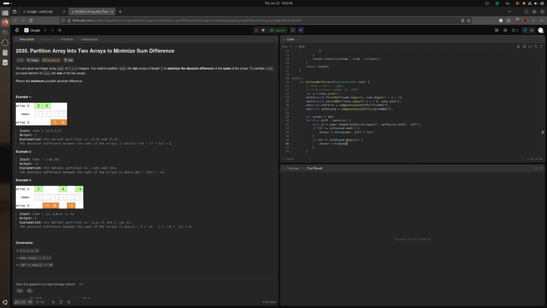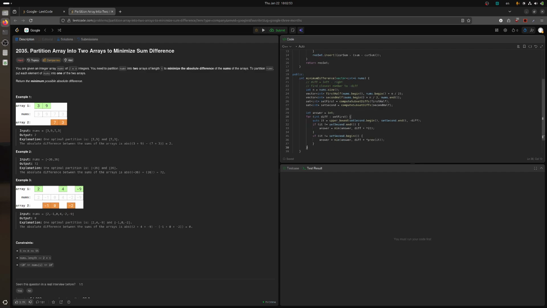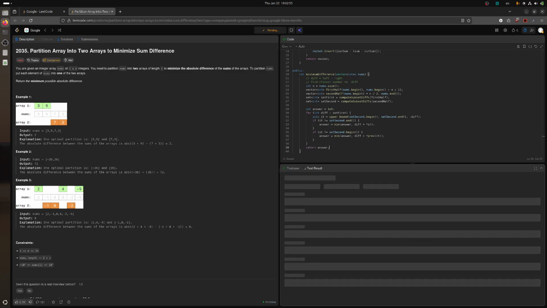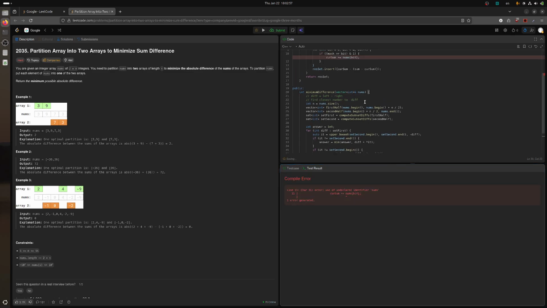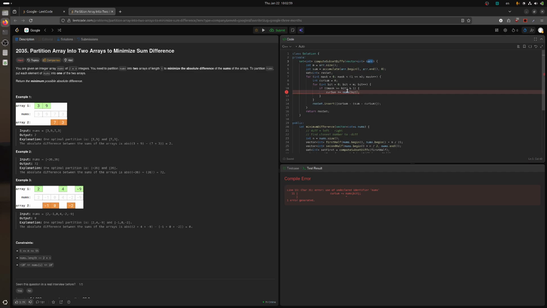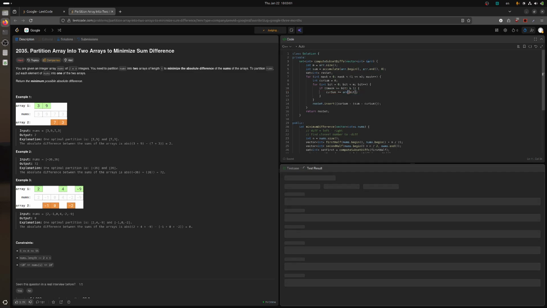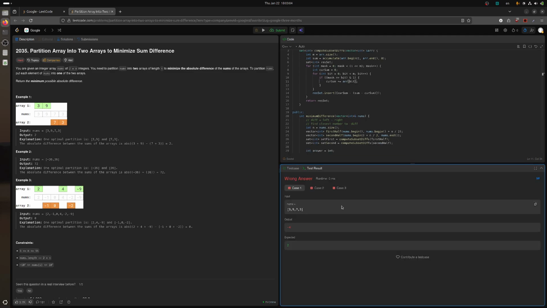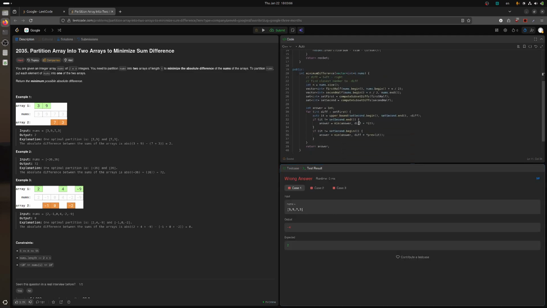Answer is min of answer and diff plus, and then we return answer. Nums, no, we got array, but that's fine. So maybe it should be minus that. I probably should not be guessing.